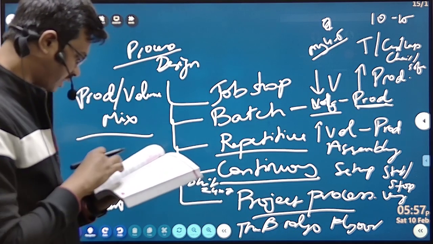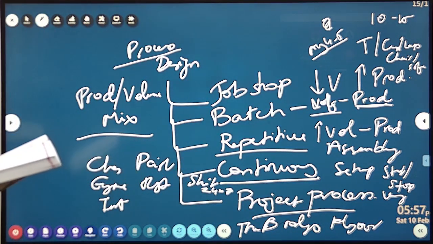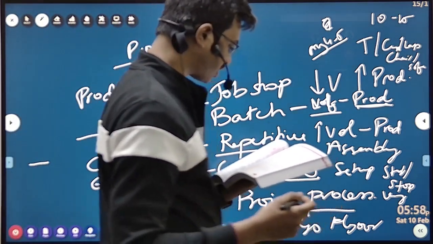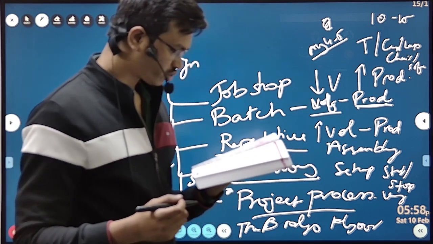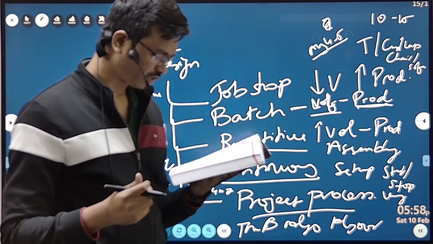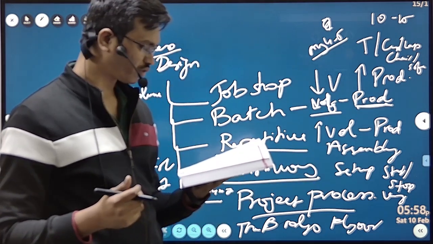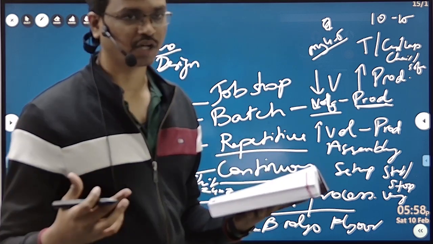And he has given you the same thing on page number 97. If you see, the classic way of categorization includes types of layouts: process layout, product, group, and fixed. This we have also seen in the previous layout topic. If you remember the fixed one, we were talking about something like a ship.